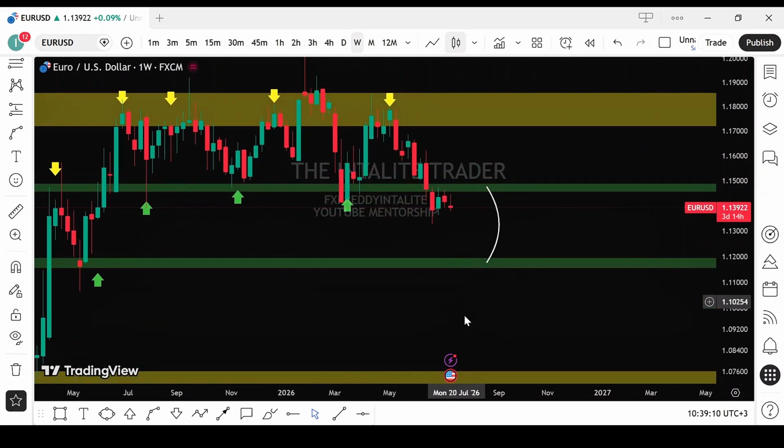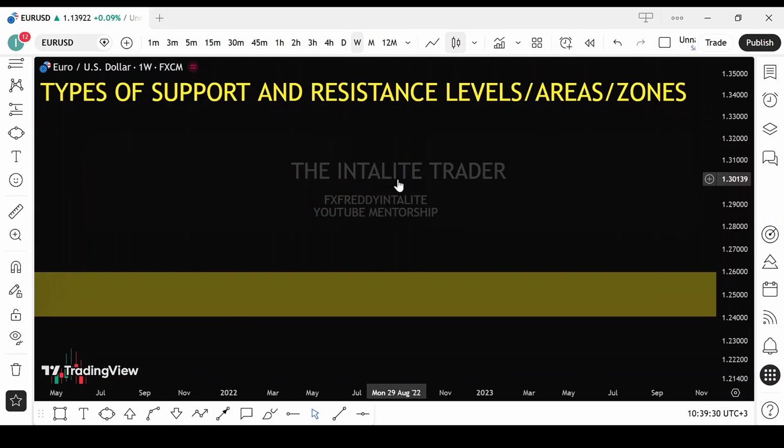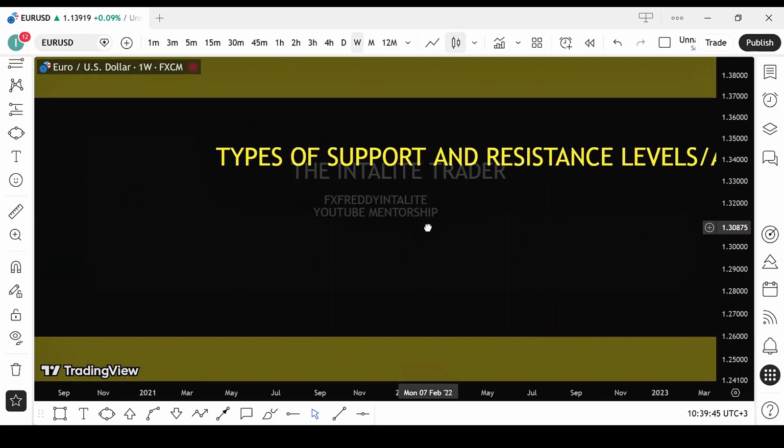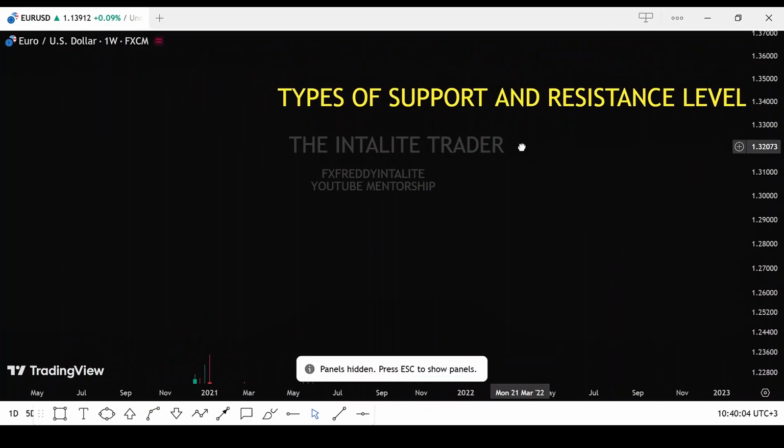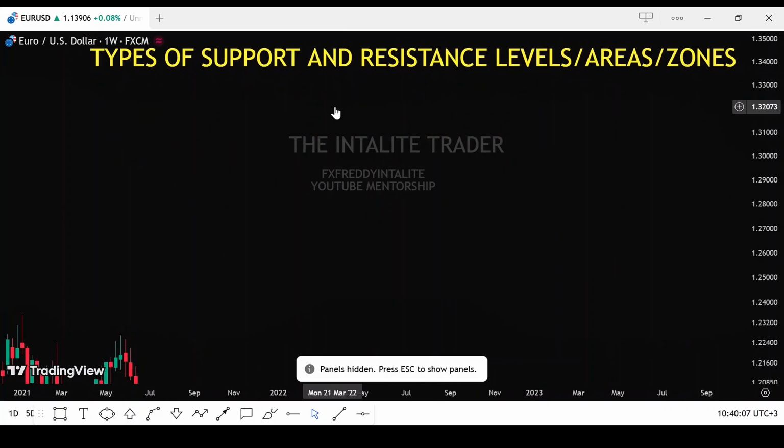Then here you will also look for price action that is telling you the market is doing this. So weekly and monthly support and resistance levels hold more weight, and there are high chances of price reversing off of those key levels. So we are going to look at another thing on support and resistance levels.